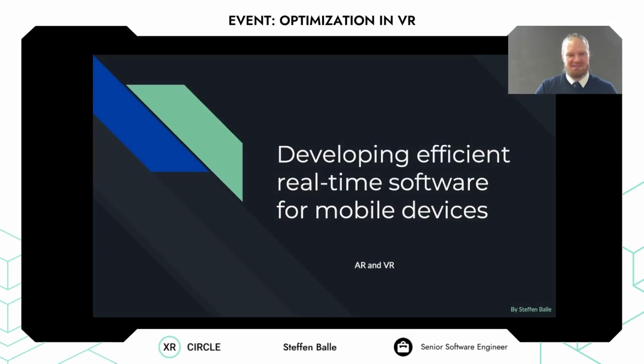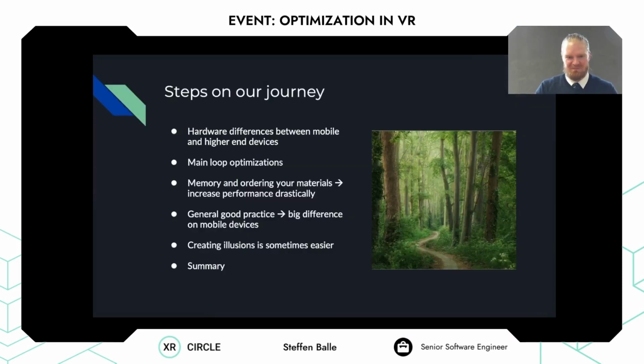Hello and welcome to this small talk on developing efficient real-time software for mobile devices. We're gonna look at a couple of different steps on our journey, and we'll start with the hardware differences between the mobile and the higher-end devices. We'll go into some main loop optimizations that you normally wouldn't do for higher-end device software and real-time software, but it's usually a really good idea on mobile devices.